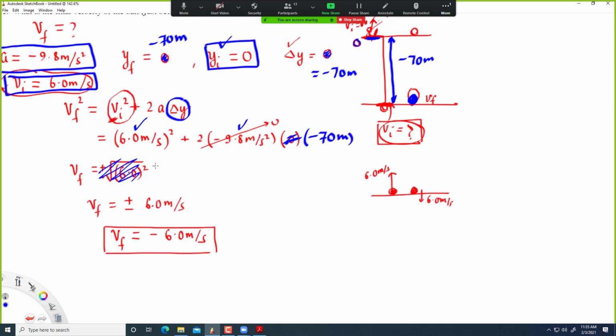I want you guys to do the math. So this is 36 plus minus 19.6 times minus, and minus would be positive here, so 70. See what you get if you do the math.